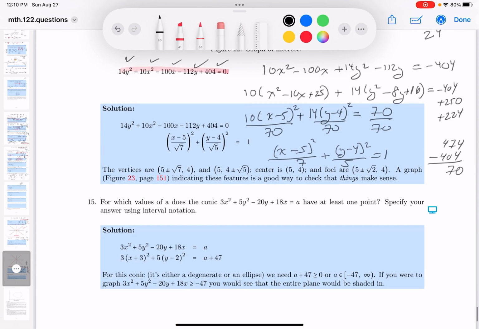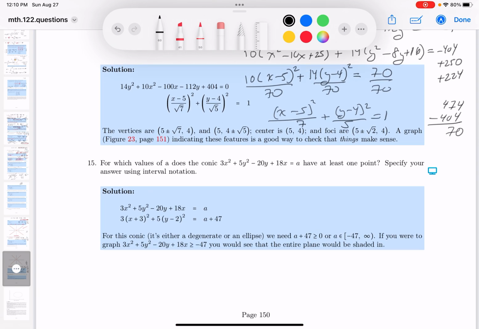So I have an equation here from which I can write certain things down. Someone says, I don't even know what the questions are. You go back and read, and certainly they want the center. What's the center going to be? x will be 5, and y would be 4. That's relatively simple.